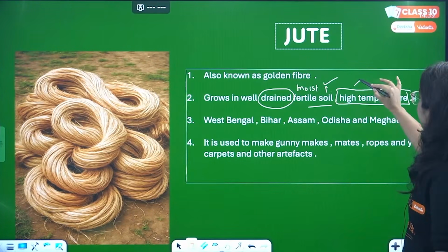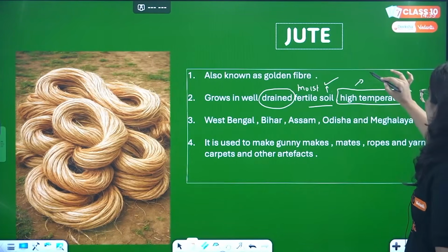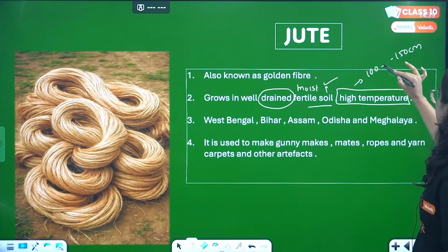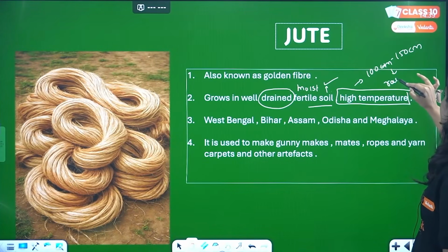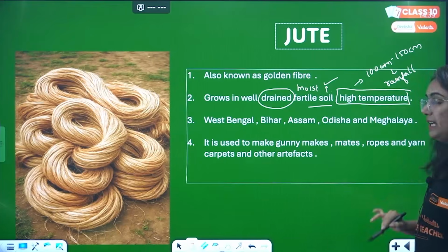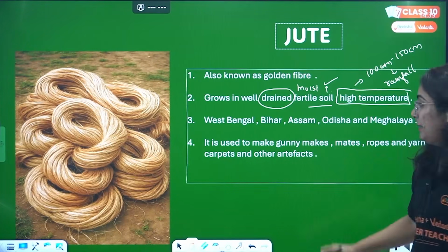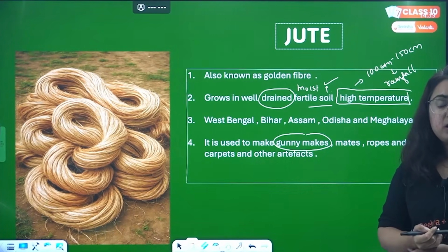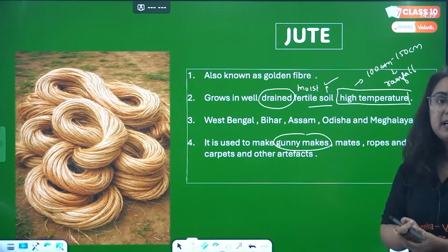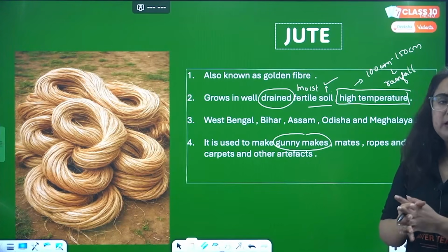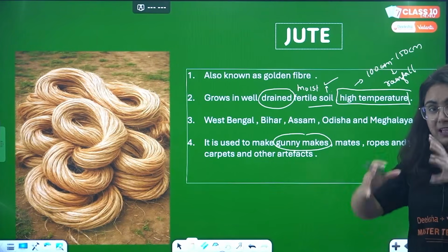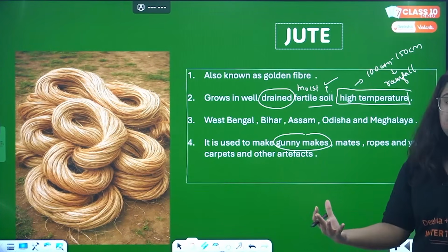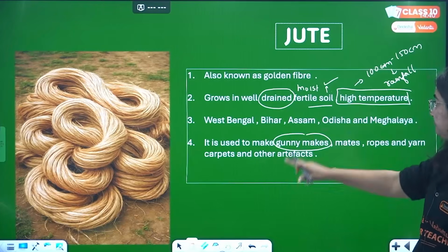Beta, this jute is basically a type of crop that requires around 100 to 150 centimeters of rainfall. Okay? 100 to 150 centimeters of rainfall, right? If you are not aware of its use, beta, it is used as gunny bags, right? I don't know which region you belong to. If you are from very urban areas, we see very little use of gunny bags right now. But that brown-colored bori, usually known as bori bags, is made up of this jute.